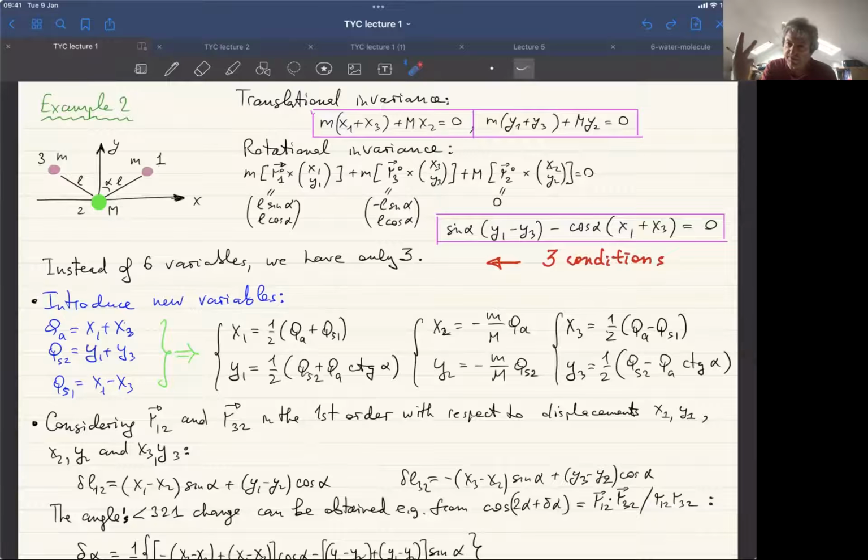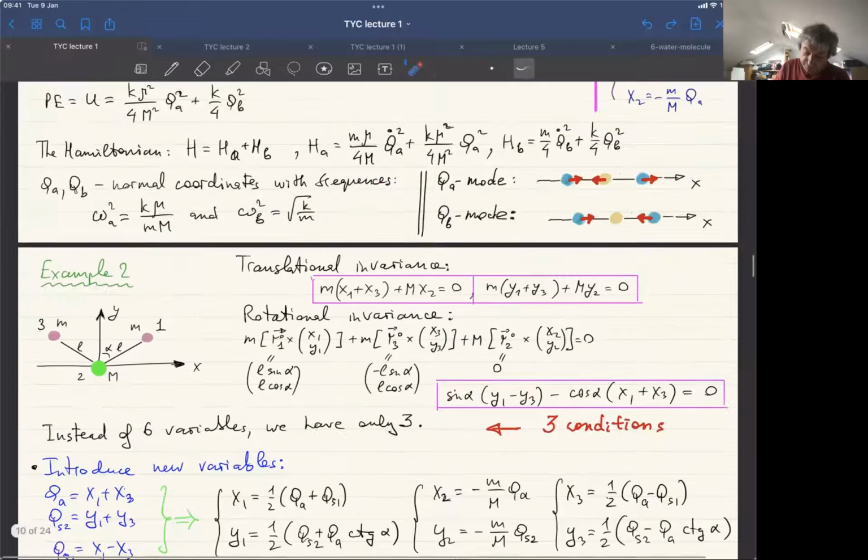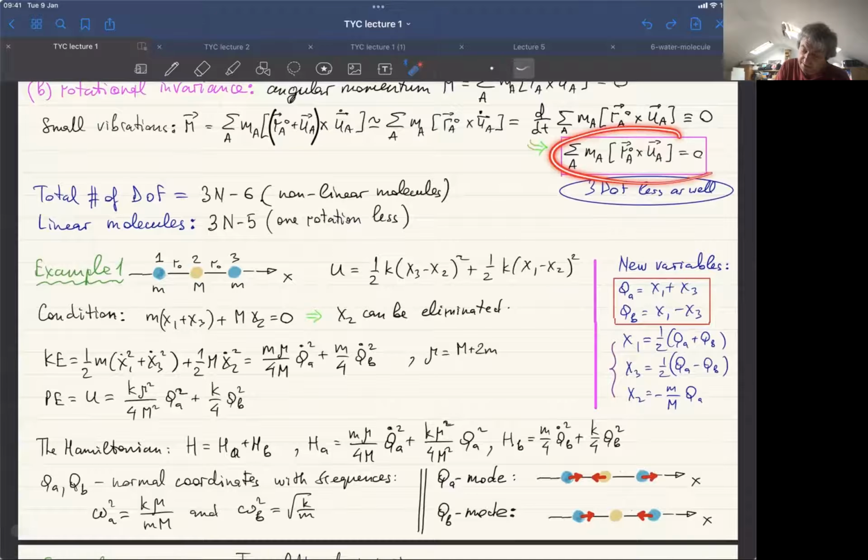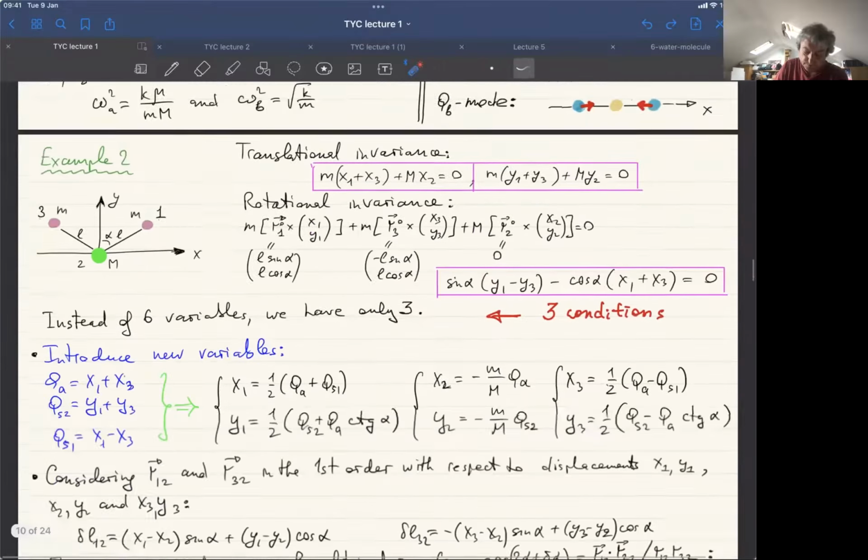So 6 degrees of freedom: 3 atoms, 2 dimensions, 6, and we have to eliminate 3 coordinates by 3 conditions coming from translations, 2 conditions, and rotations. Rotations are quite easy to implement actually. If you look at the rotations, we have to sum over all atoms and take the vector product of the atomic position at equilibrium and its displacement.